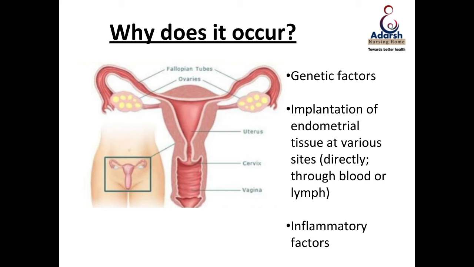Or sometimes it could be carried by blood or lymph to various other parts of the body. The most common site is called ectopic implantation of endometrial tissue, meaning an abnormal or wrong position where the endometrial tissue has got implanted. Most commonly it's seen, like I said, on the ovaries, but it could also be seen on the exterior of the uterus, on the tubes, behind the uterus and in front of the uterus.